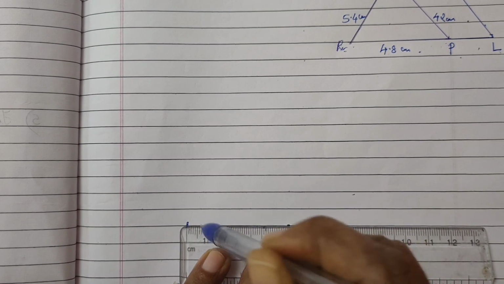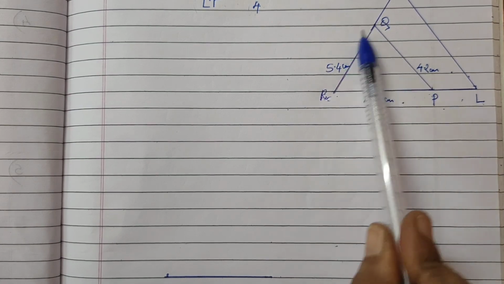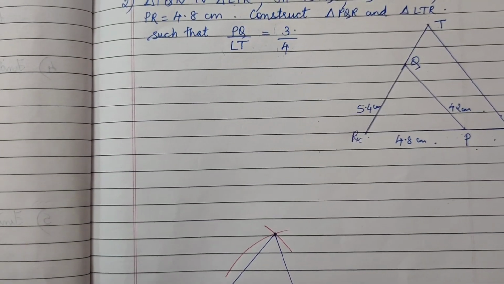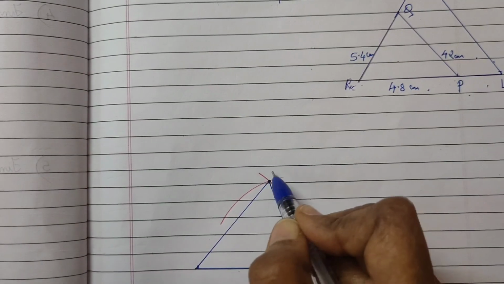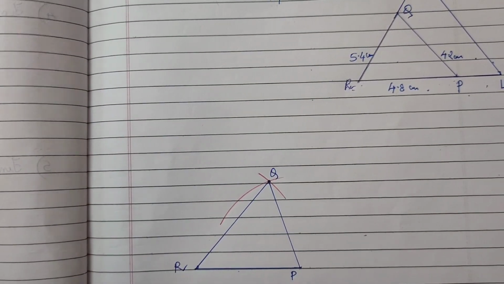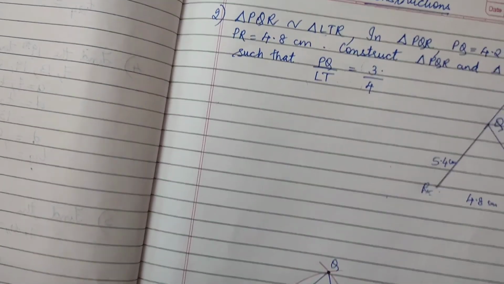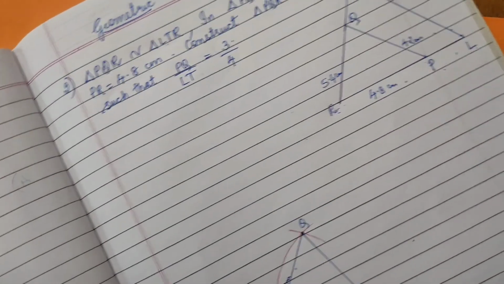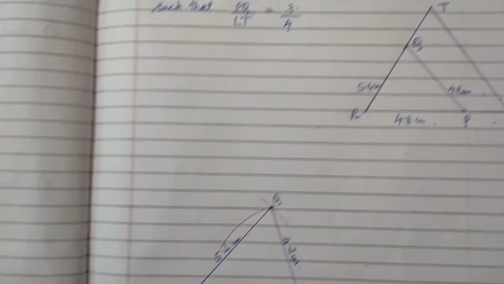Then I'll take 4.2 centimeter. ये जो PQR triangle first बना रही हूँ मैं. So I made a triangle PQR. This is P, this is Q, and this is R here, the common vertex. So I can put the length here 4.8 centimeter. Always fill it up with the proper details. 5.4 centimeter and 4.2 centimeter. Okay, we have done with the one triangle.